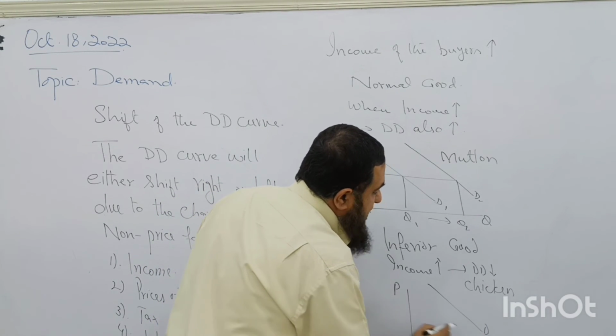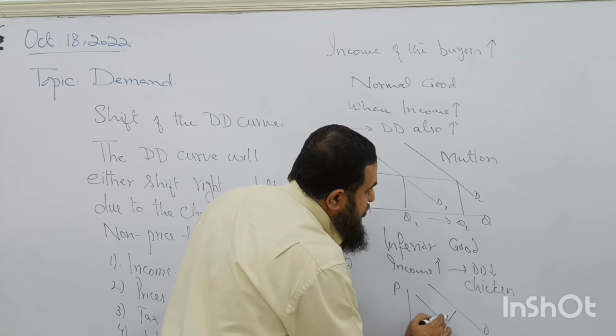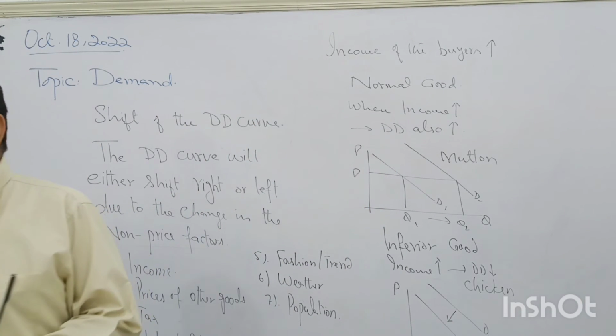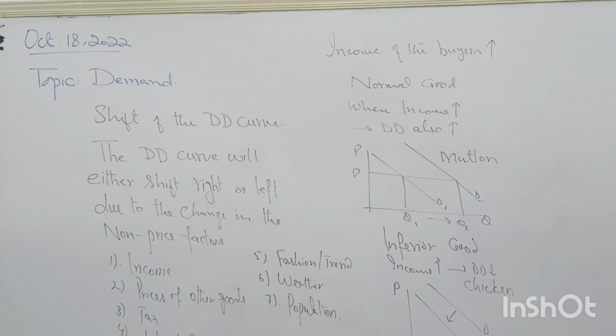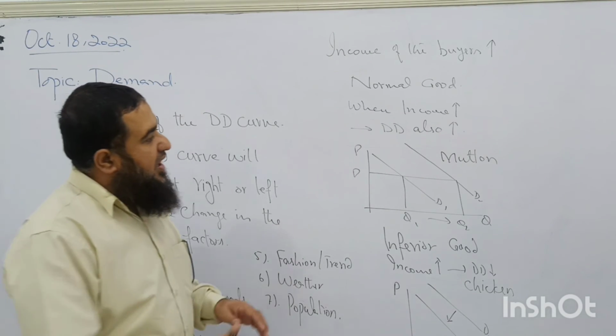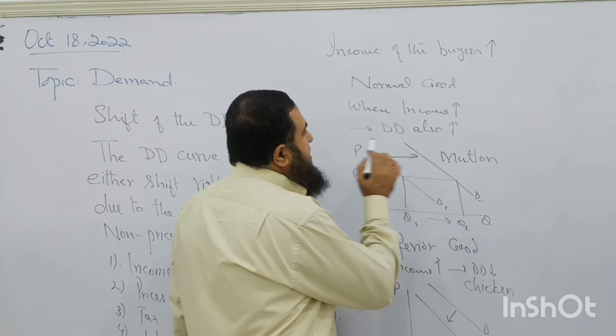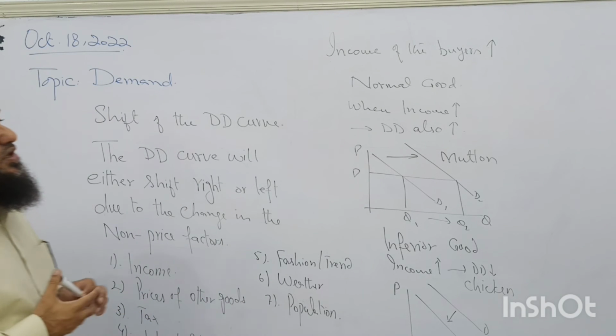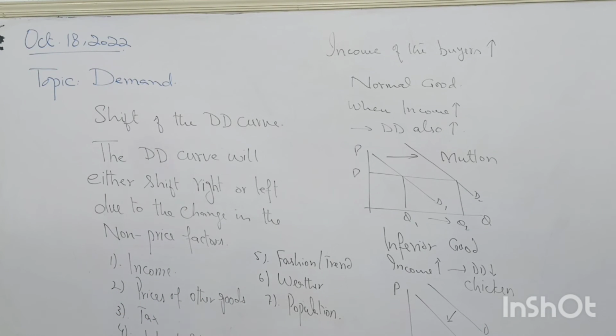Like previously people were buying more chicken, now due to increase in income, they left consuming it, they are demanding less of it. So demand of inferior good will shift downward, whereas the demand of normal good will shift rightward due to the change in income.